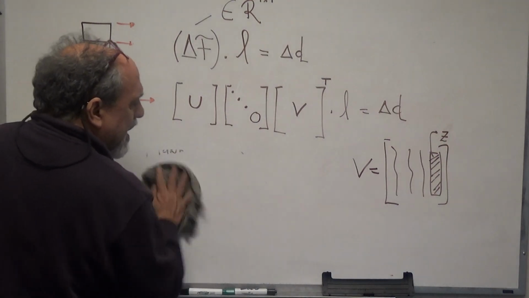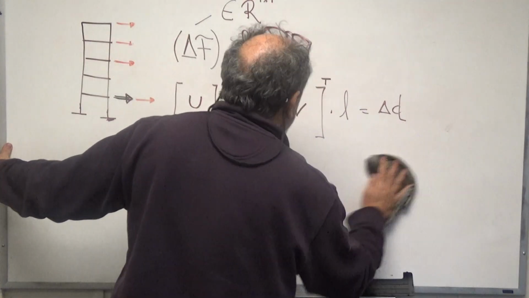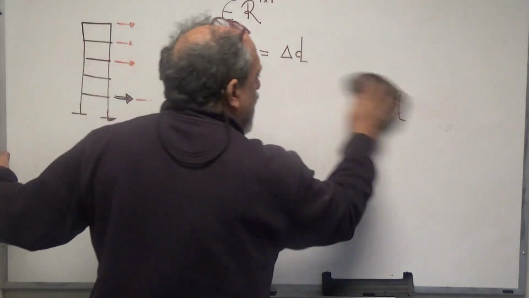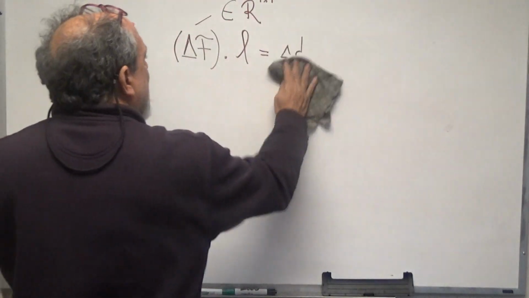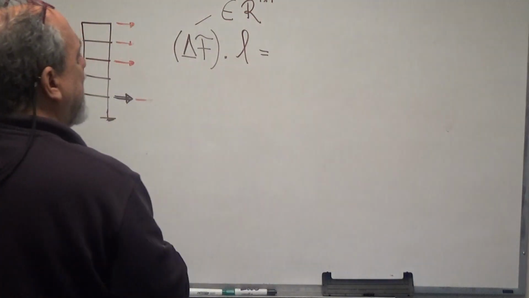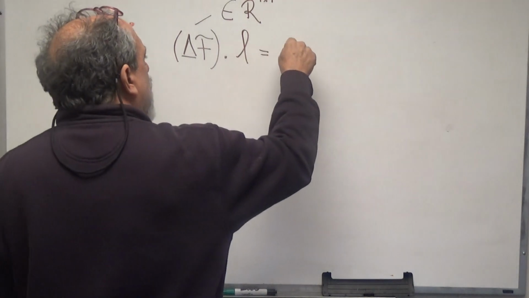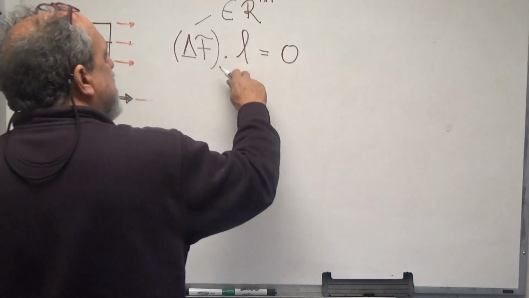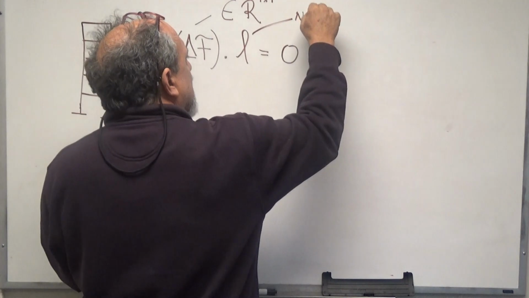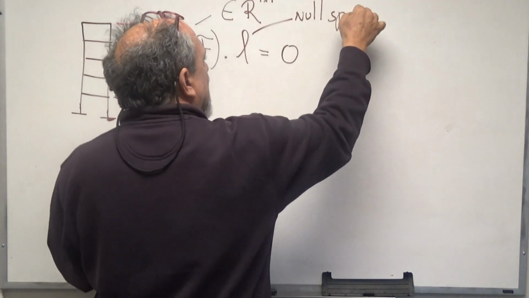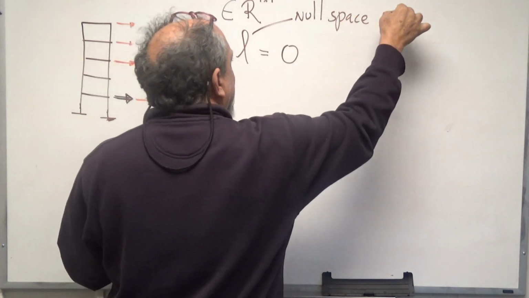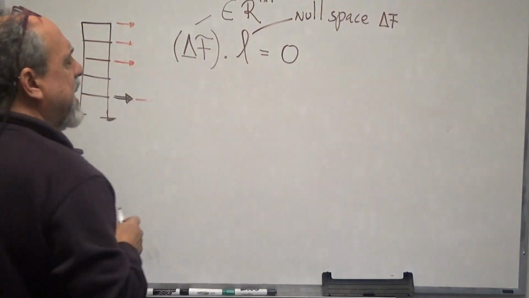Okay? So, then the question is, what is the meaning of that you see nothing? Well, you can check the derivations in the paper in detail, but what it means is that if I find a vector L for which this is 0, which is in the null space of delta F, right? Then the right side is 0.